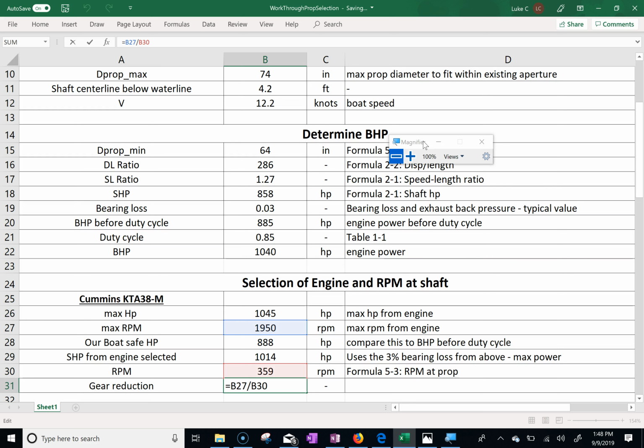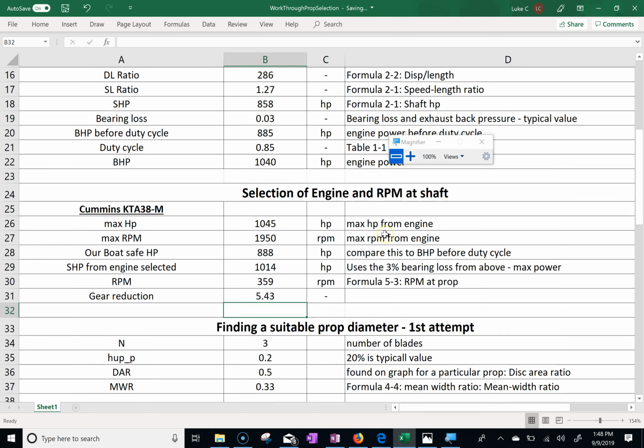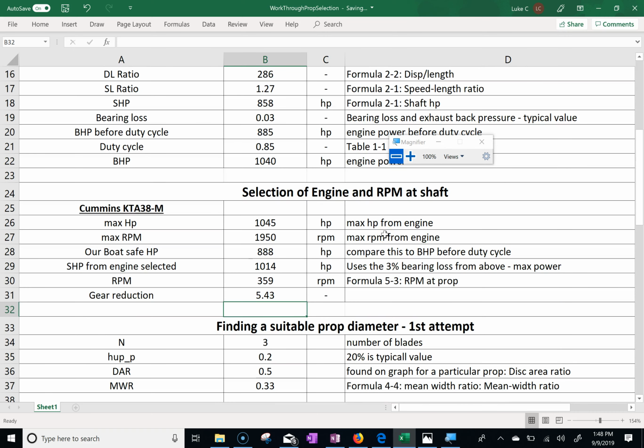We can then figure out what gear reduction we need inside that engine. And you should get 5.3. 5.43, sorry.